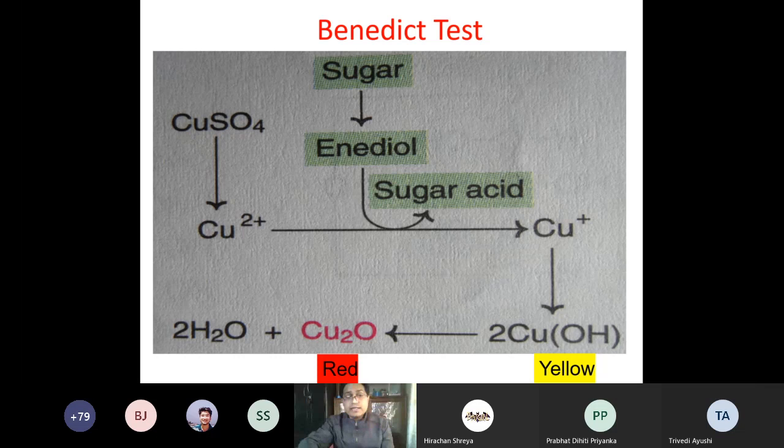In that, they will reduce cupric ions to cuprous ions, and it gives the yellow color and eventually red color. This practical we will be performing. The Benedict test is given by carbohydrates which are reducing, because those reducing carbohydrates will form enediols in mild alkaline condition, and if the enediol is formed, this reaction will occur and we'll see the change in color.